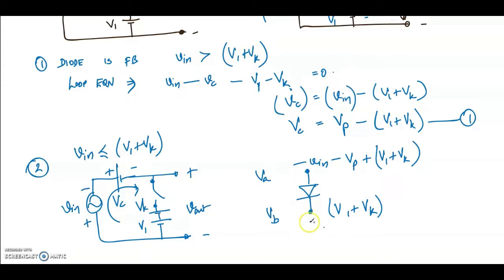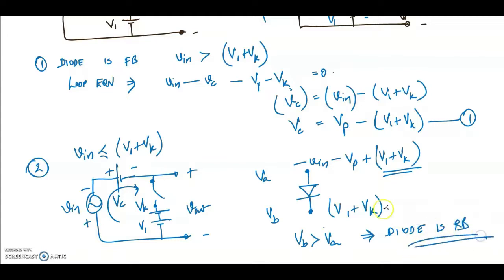Which is greater? Definitely Vb is greater than Va, because voltage at B is equal to a quantity V1 plus Vk, and voltage at Va is V1 plus Vk minus Vn minus Vp, which is definitely a lesser value. Therefore Vb is greater than Va, which means the diode is reverse biased. This is what we were expecting and hoping for. Yes, it is reverse biased.